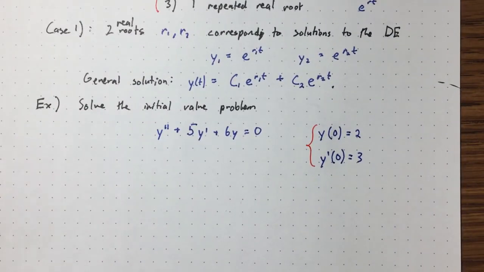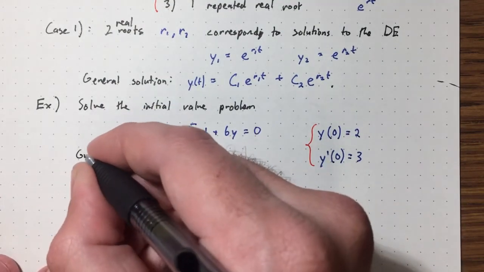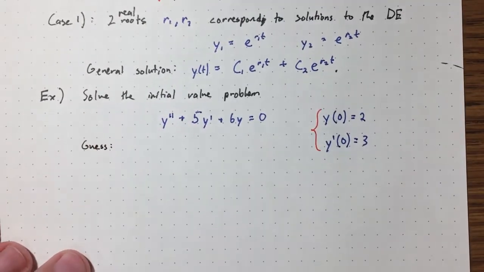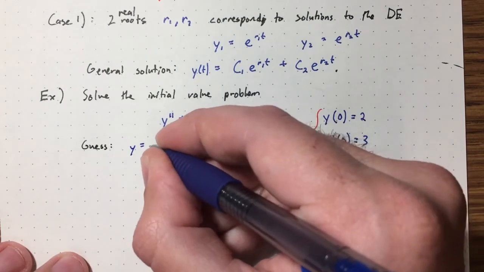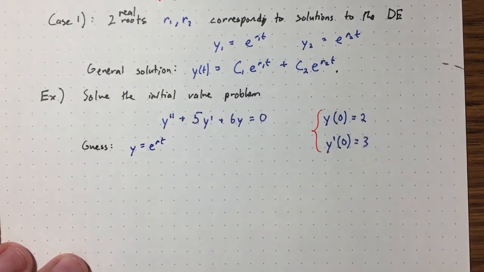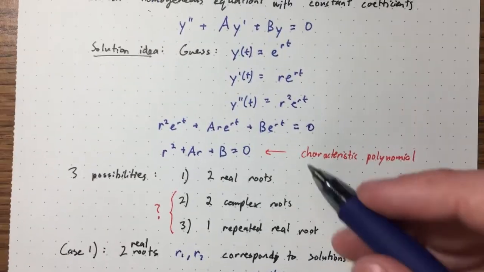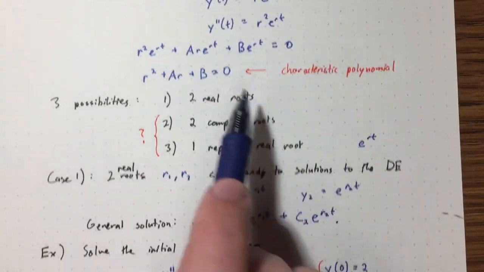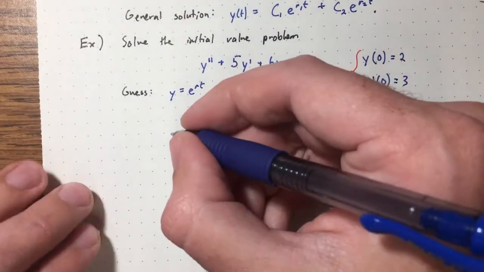Okay, so what do we do? Well, we just follow the same idea. So we guess e to the rt. That's our guess for a solution, and we need two of them. So what happened when we plugged it into the differential equation? We ended up with the characteristic polynomial.